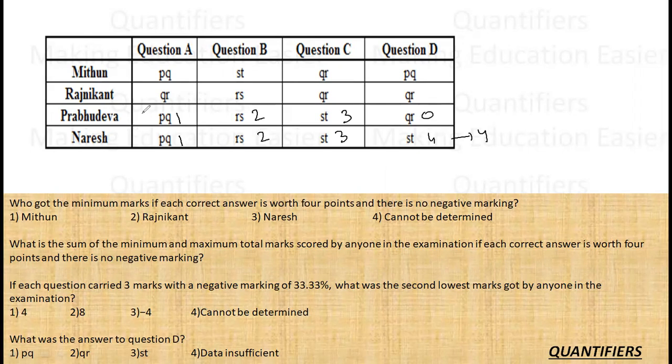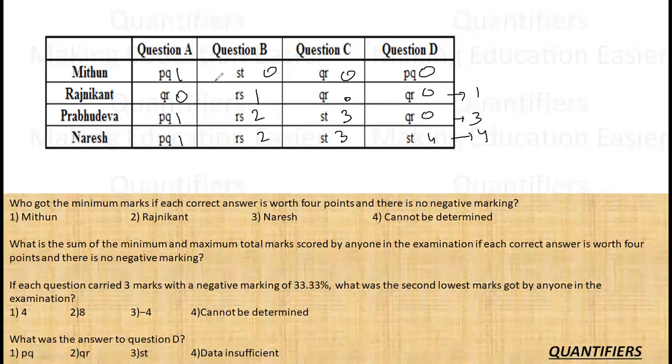Rajnikant will have 0, 1, 0, and 0, so Rajnikant is having 1 mark. Mithun has 1, 0, 0, and 0. I'm comparing these keys with this. I have assumed that Naresh has the official answer key.